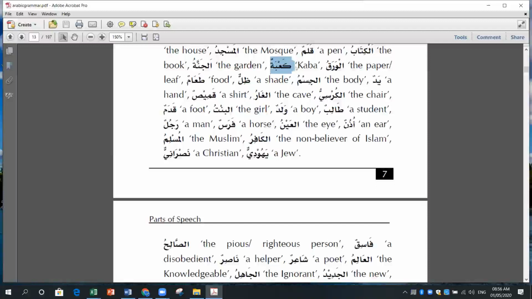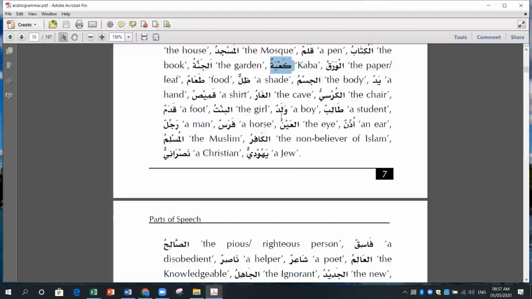Exactly. Now this word which I have highlighted, can you read it? Ka'batun. Is it Ka'batun or Ka'batu? It's Ka'batun written. So is it a common noun or a proper noun, Rahila?